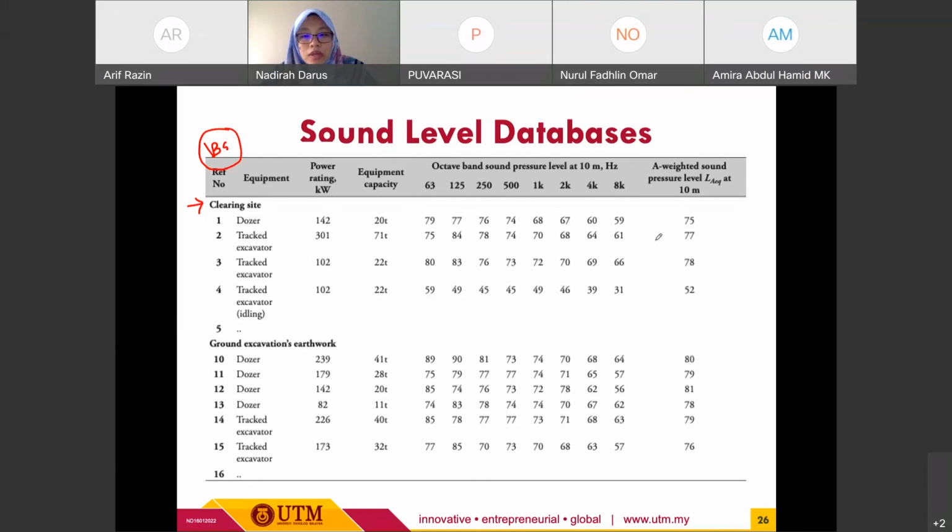Maksudnya memang quite comprehensive. So dia ada juga dia punya data based on the frequency punya reading. Kita tengok kat sini for each of the frequency dia ada juga dia punya sound pressure level at 10 meter. Okay. And this one equated the total combined sound pressure level. Okay. So far that's all for this third part, part 3, berkenaan construction noise monitoring, measurement and treatment.